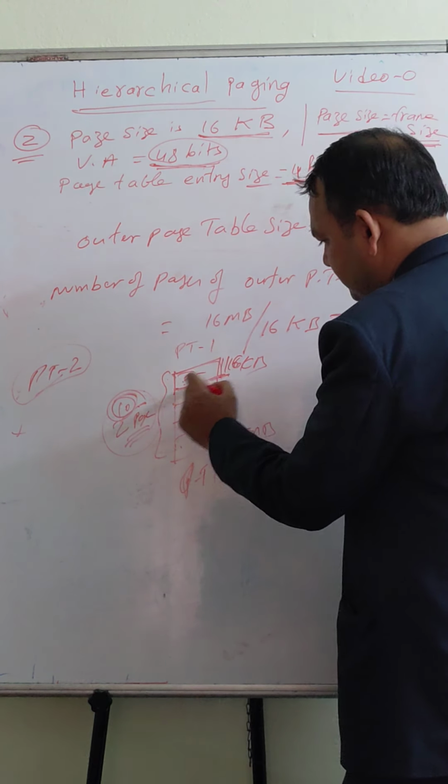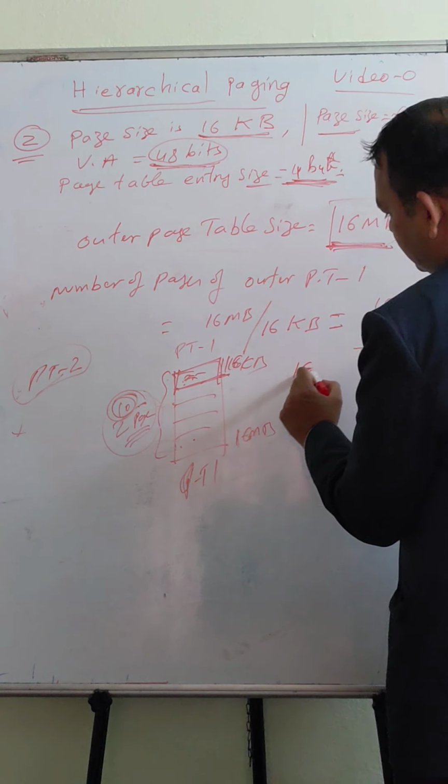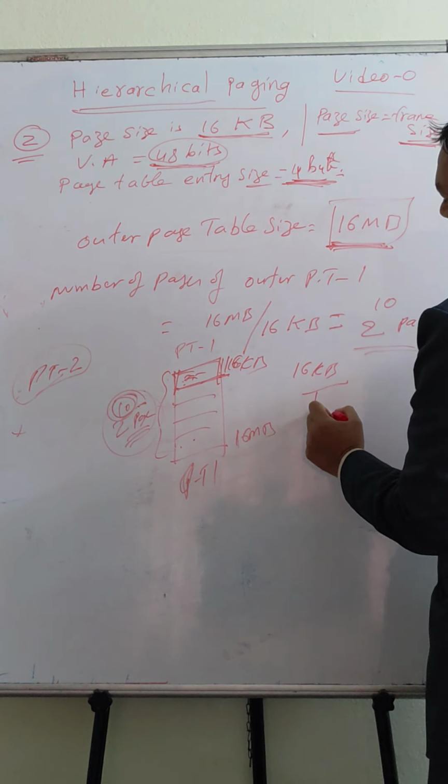For the offset within 16 KB, we take 16 KB divided by 4 bytes.